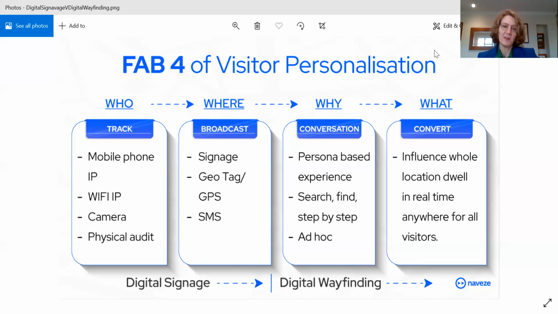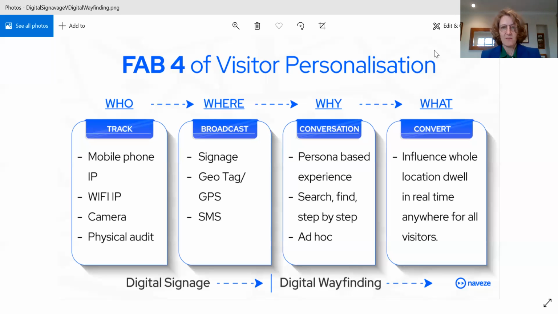So yes, you can do that in some ways with traditional digital signage. With digital wayfinding, you've got a fully mobile in real life monitoring system that allows you to communicate and convert to visitors in real time about what's going on in that particular location and that experience.